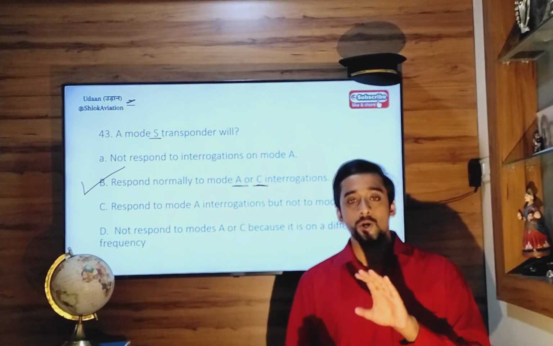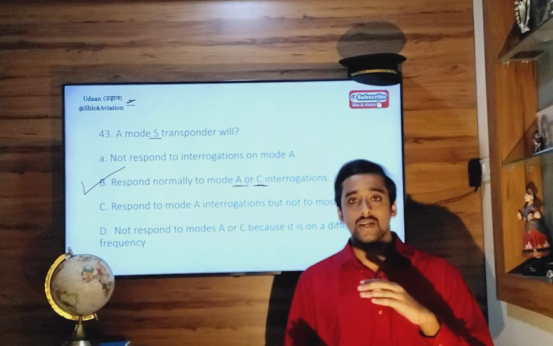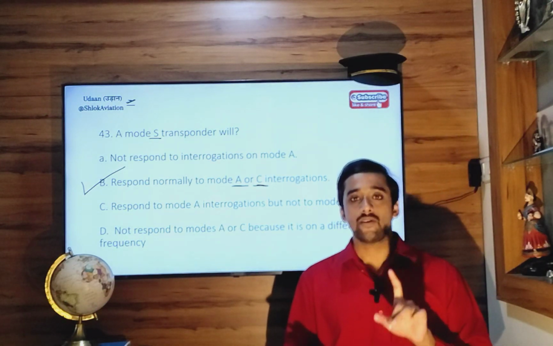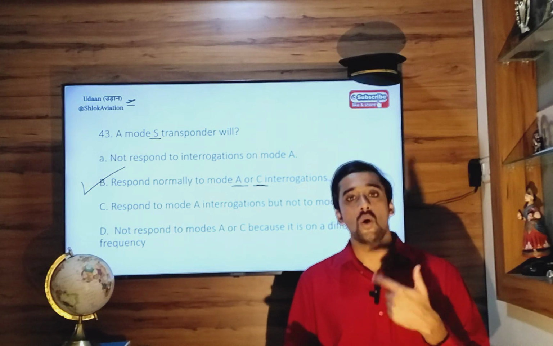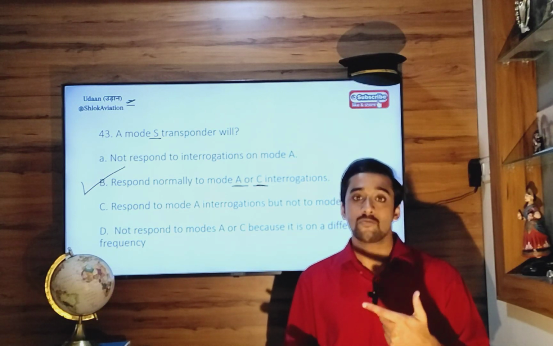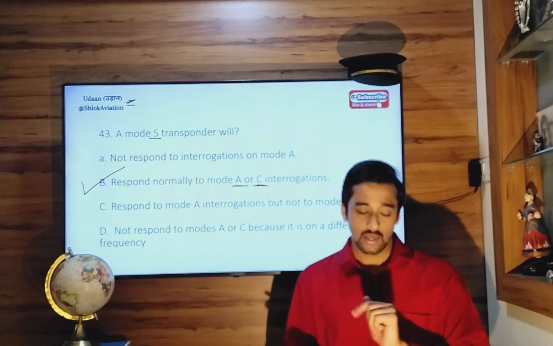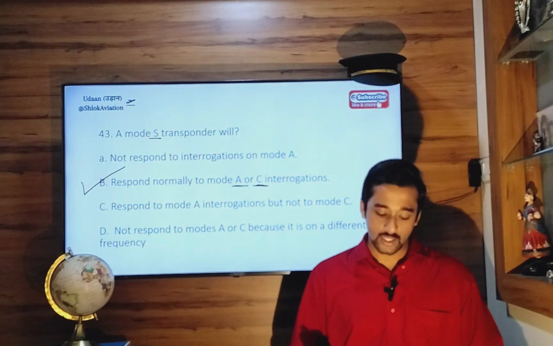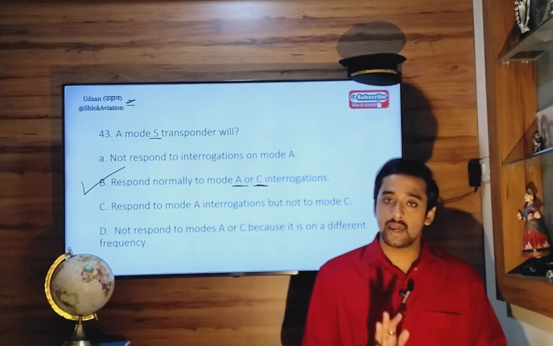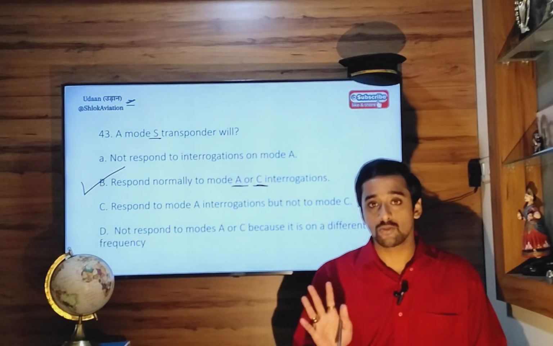In order to avoid a disruptive transition, they have allowed mode S to also reply to pulses of mode A and mode C. So remember, mode S is able to transpond normally to mode A or mode C, just like it will be able to transpond to mode S.